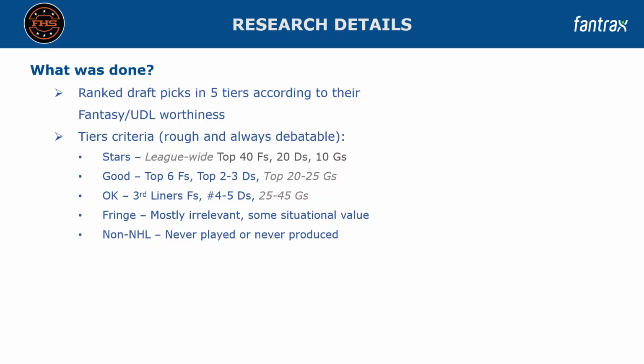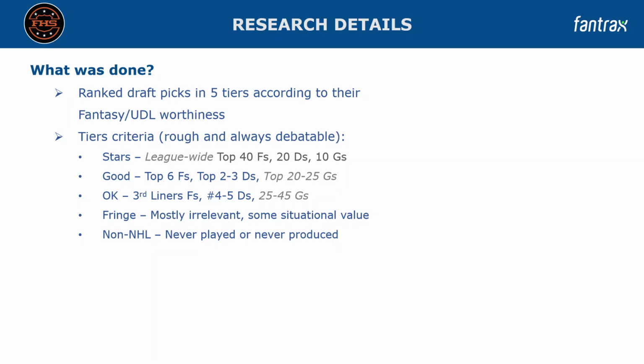Basically, star players, good players, okay or average players, fringe players, and non-NHL. And these tiers are mostly tuned to our league, so it's not about their NHL spots or NHL production.